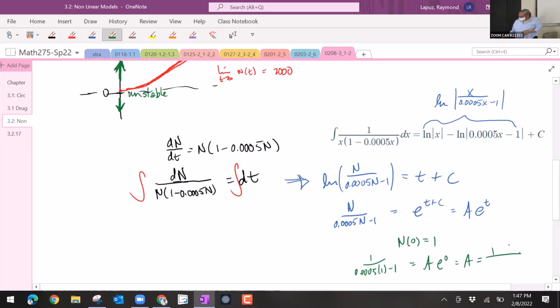what is this? One divided by, I need parentheses, oh, I need a graphing calculator. Let's try that again. 1 divided by parentheses 0.0005 minus 1, close parentheses.